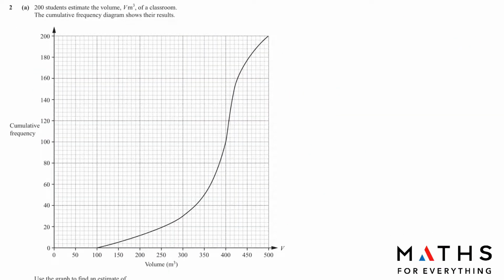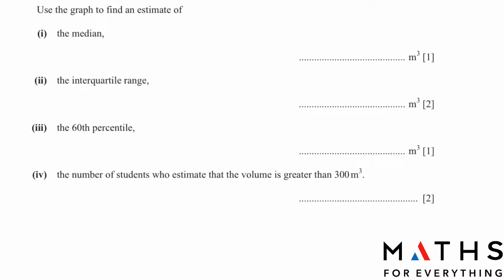Question number 2a. 200 students estimate the volume V cubic meter of a classroom. The cumulative frequency diagram shows their results. This is the number of students and this is the volume in cubic centimeter. We have to use the graph to find an estimate of the median.